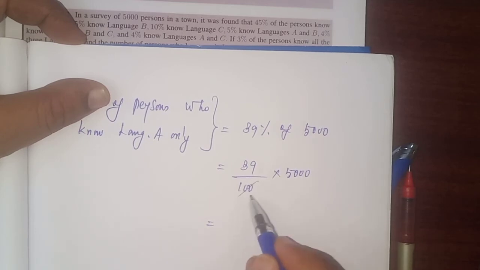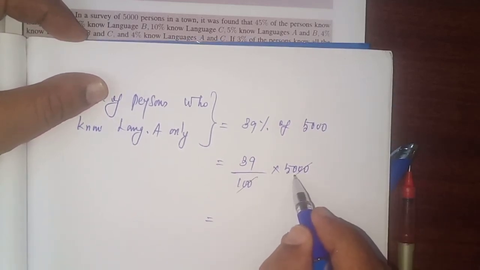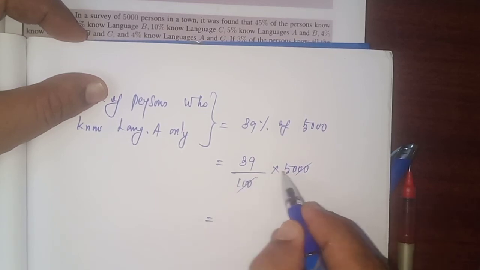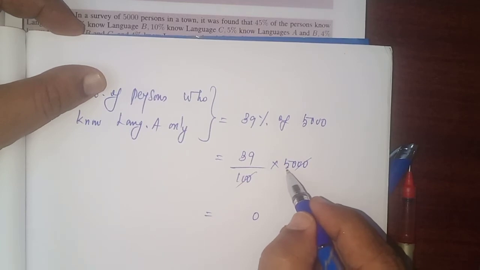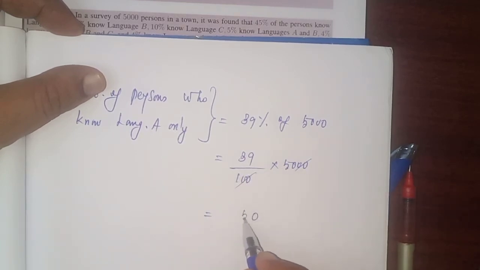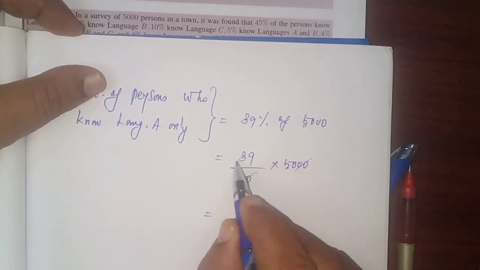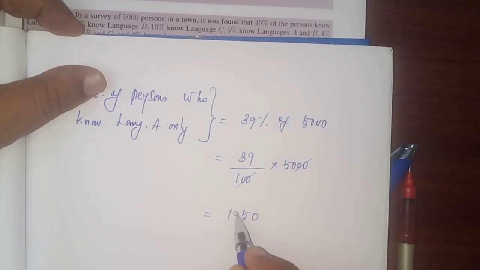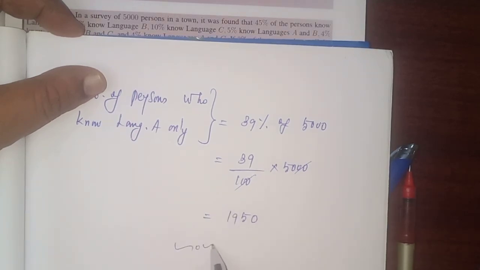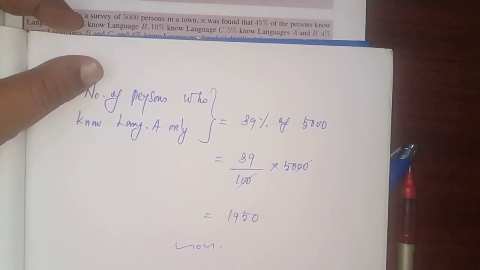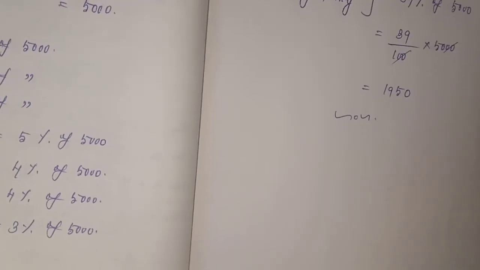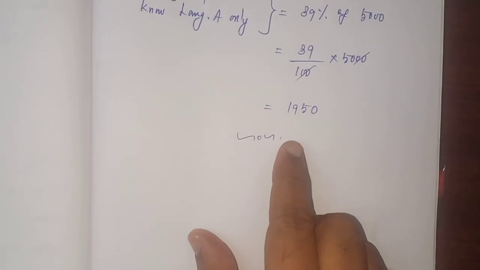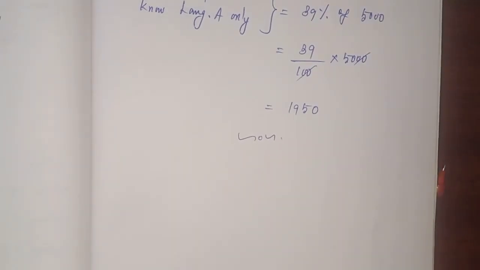So 00 get cancelled. Then you have to multiply these two. 0 into anything is 0. Then multiplied by 5: 5 9s are 45. Balance 4. 3 5s are 15 plus 4, 19. So that is the answer: 1950. So example 1.2 is completed.